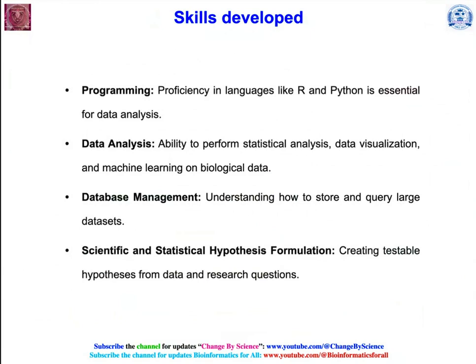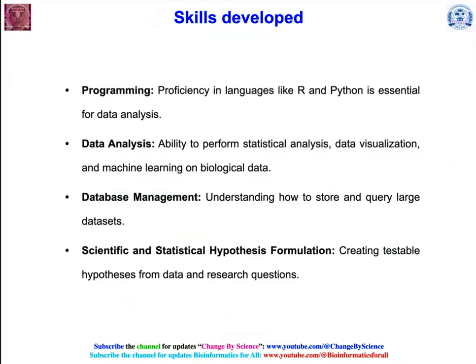What are the skills which you need to develop before you apply for a job in the biological data science field? Basic programming either in Python, R, or MATLAB. Analysis, the ability to perform statistical analysis, visualization, and machine learning application on biological data.